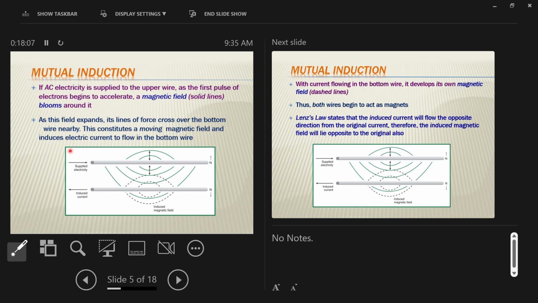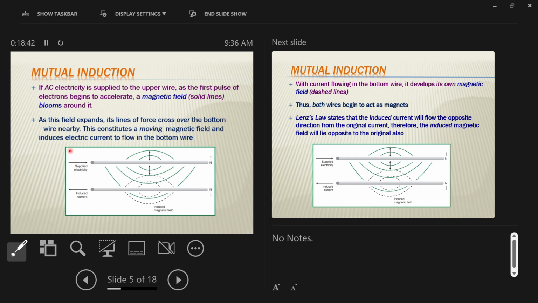The magnetic field shifting back and forth in this upper wire, because the electricity is moving back and forth, if this wire is close enough, begins to drag the electrons in this wire back and forth, causing electricity to move in this wire. This wire gets its own magnetic field, and now we've got mutual induction. They're both inducing current in the other.